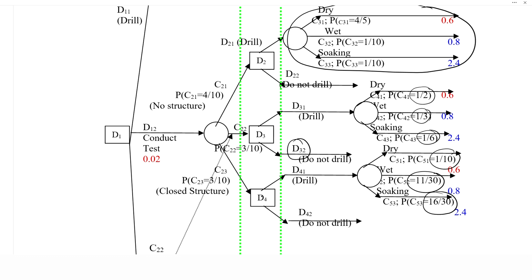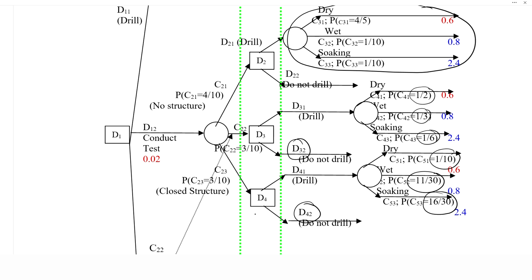And finally, for the closed structure, when you want to find out D41, you find out 1 by 10 into minus 0.6 plus 11 by 30 into plus 0.8 plus 16 by 30 into plus 2.4, and you compare with D42. So, once you have compared, then when you reach D2, D3 and D4, the values will be found out.